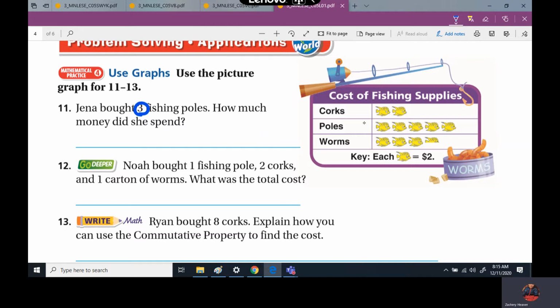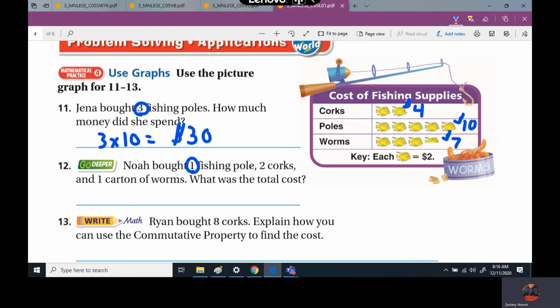Let's decode the graph. Corks cost $4. 2, 4. Fishing poles cost 2, 4, 6, 8, 10. And worms cost 2, 4, 6, 7. So Jenna bought 3 fishing poles and they're $10 a piece. How much money did she spend? 3 times 10? It's going to be $30.